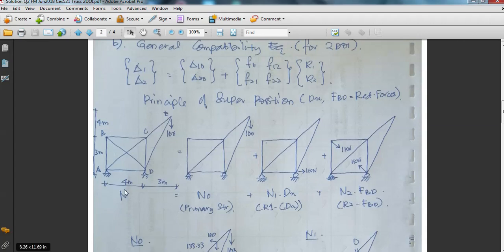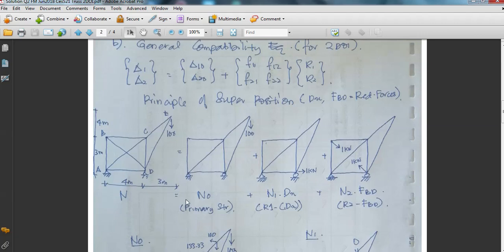But axial force for actual structure is not calculated yet. This is symbol by N. You cannot calculate this value of N because this is indeterminate structure. That's why you must determine dx and FBD first. After you have determined dx and FBD, then you can determine N.